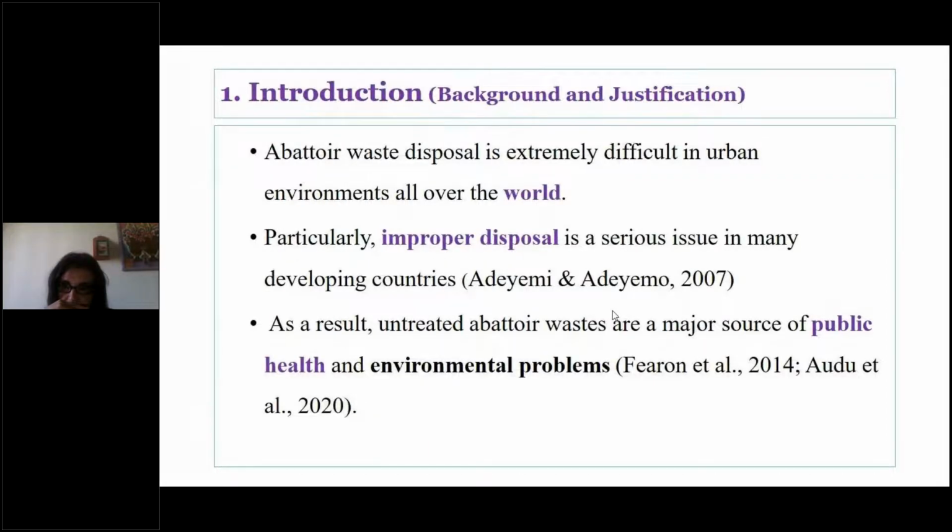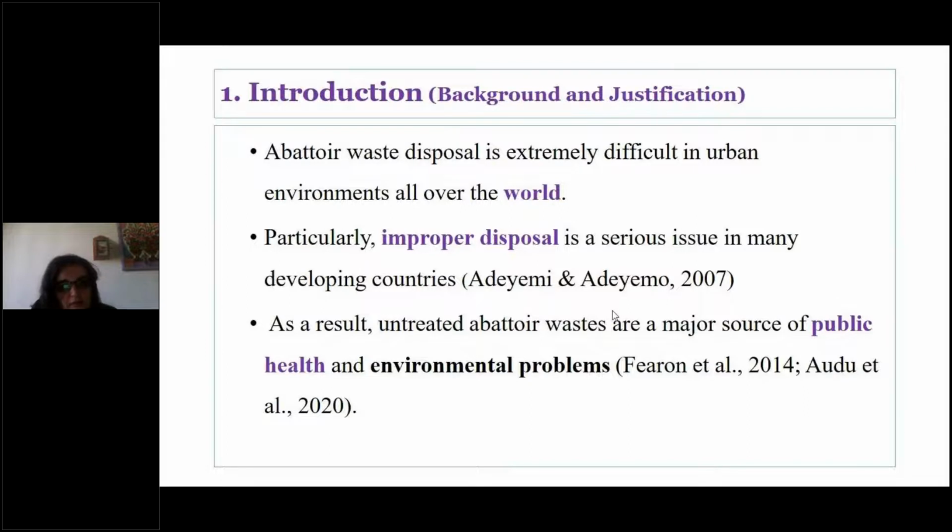As an introduction, let me start with what abattoir waste is. Abattoir waste is waste that is generated when animals are slaughtered for the sake of producing meat for public consumption. Recently, abattoir waste disposal is extremely difficult and a serious issue in urban environments all over the world.